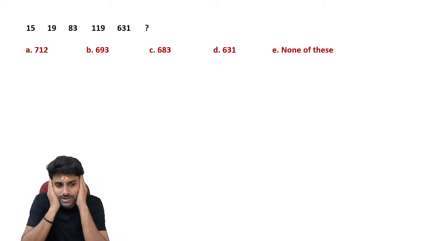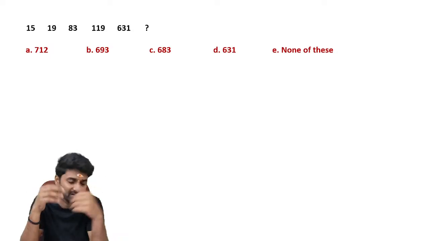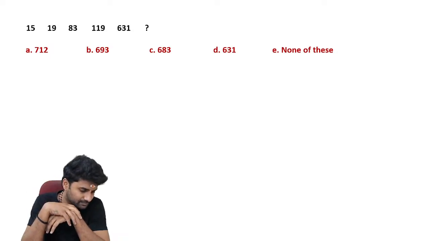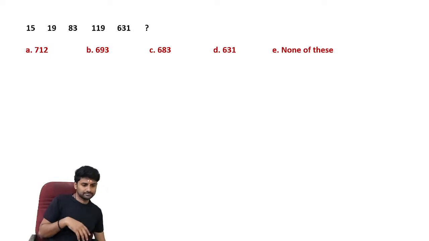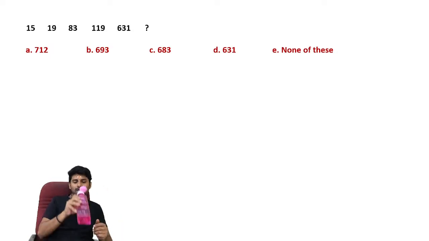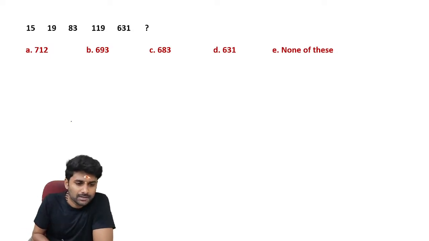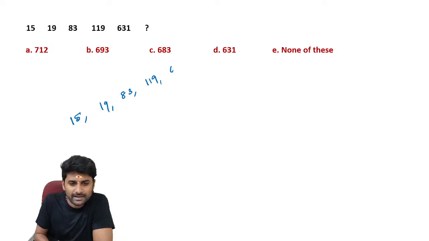If it is not possible in multiplication, think in terms of differences. So here the number see 15, 19, 83, 119, 631 dash.